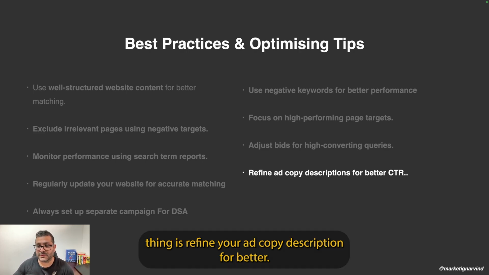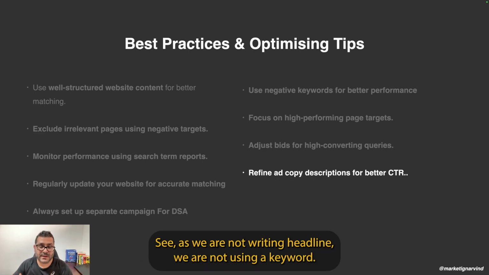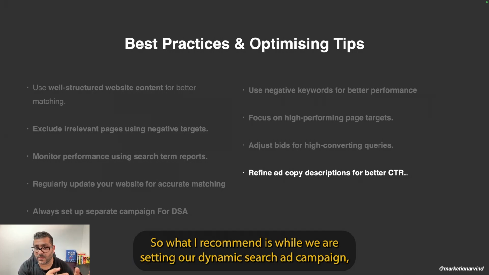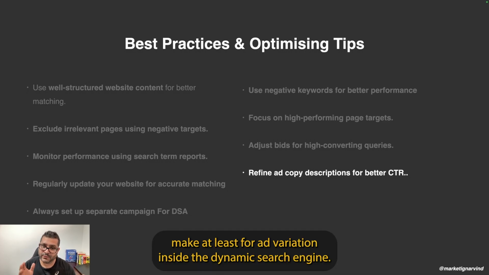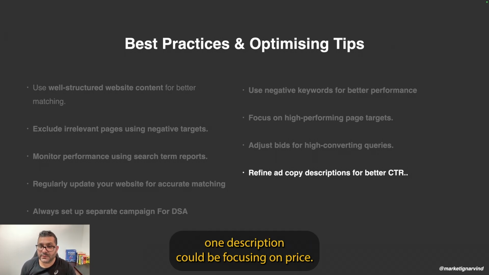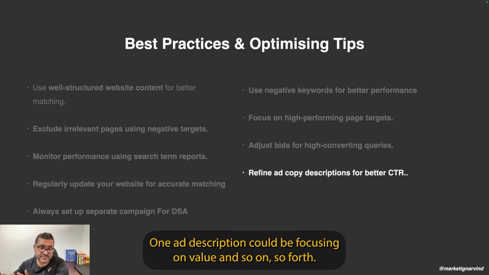Another thing is to refine your ad copy description for better CTR. As we are not writing headlines and we are not choosing keywords, the only thing we have in our hands is the description. So what I recommend is, while we are setting up our dynamic search ad campaign, make at least 4 ad variations inside a dynamic search ad. One ad description could be focusing on offer, one on price, one on value, and so on and so forth.